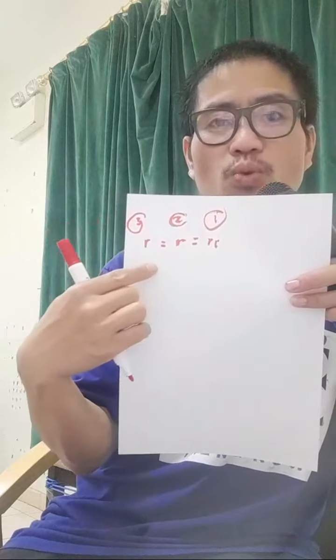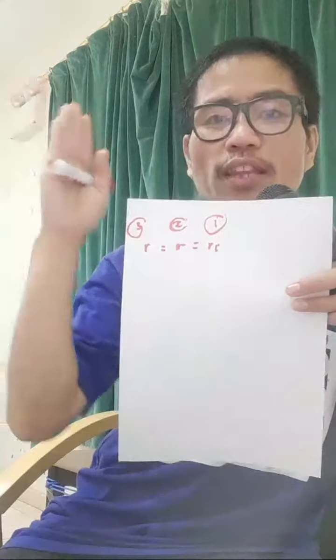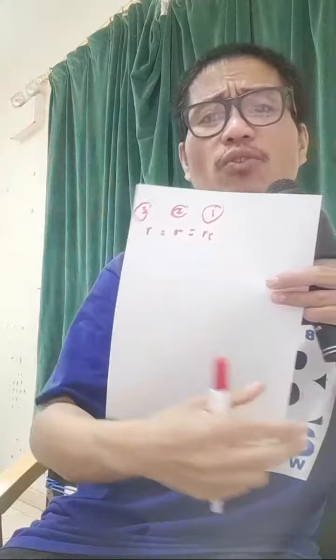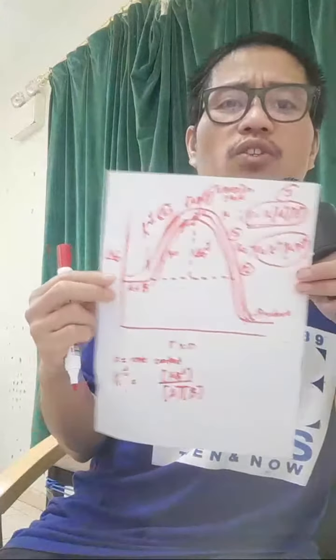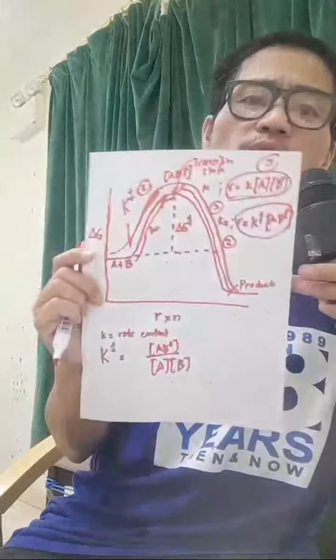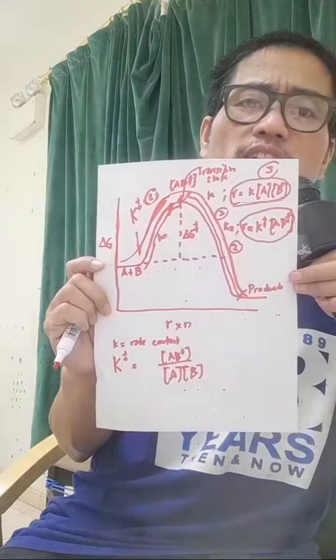Equate these two and substitute the values of each rate constant, something like that. Okay. R from 3, look at the graph, like this. So we have R is equal to K A times B concentration again. So put that here.